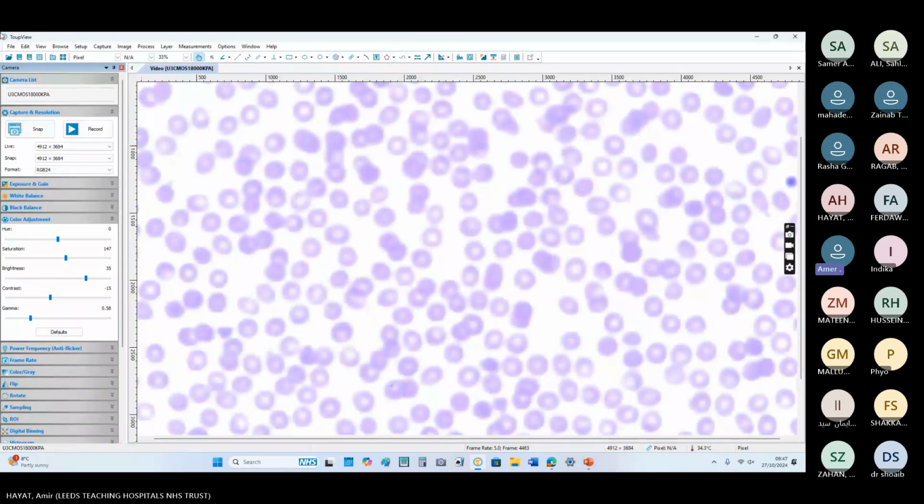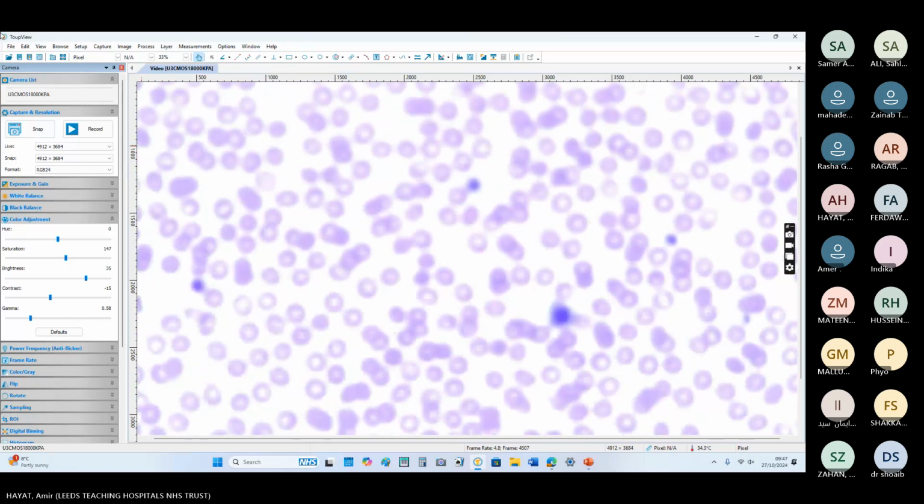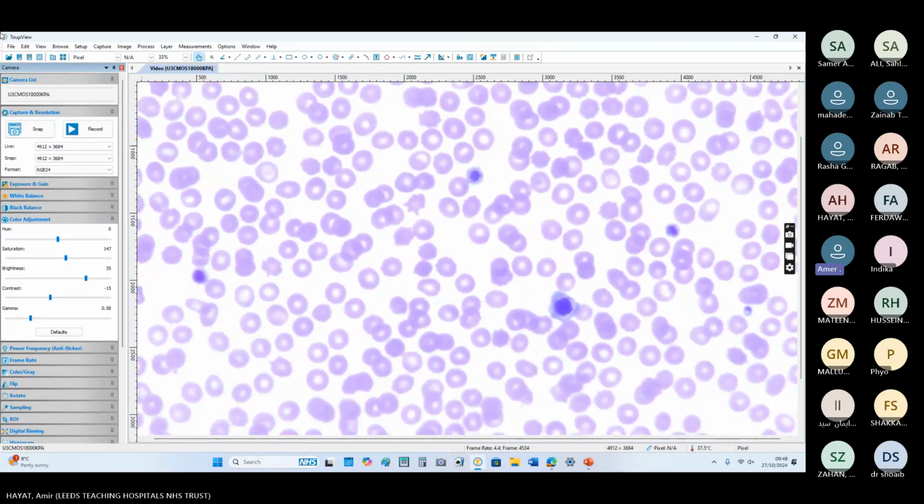You have a full blood count, look for mean platelet volume, whether it is high or not. Then we have discussed the differentials. According to the differential, you will go down the route to investigate the cause.